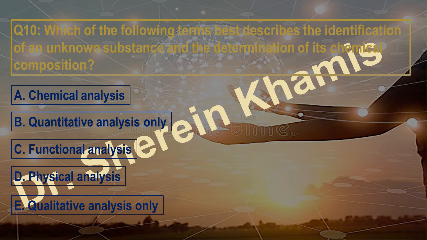The question is divided into two kinds. The first one is identifying the unknown substance, and the second is the composition. Here we have the mass and the amount or type. We have quantitative and qualitative, so it will be chemical analysis.